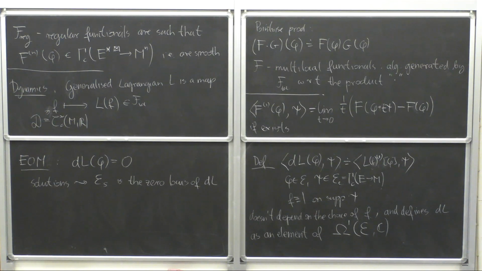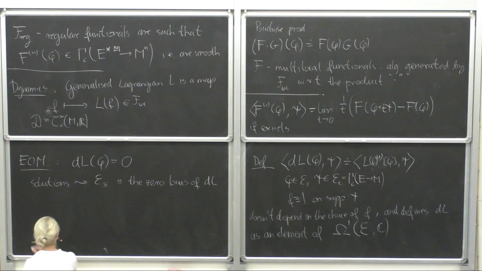You can take the tangent space to the space of your field configurations, where the tangent direction is restricted to compactly supported things. And then one forms would be the dual of that. So DL is a one form of that sort. So DL knows about classical dynamics without support restrictions.